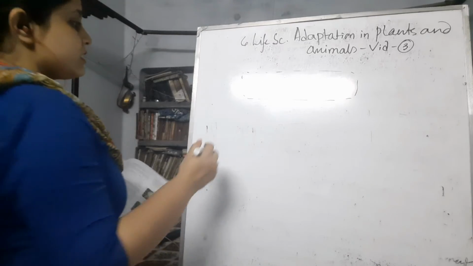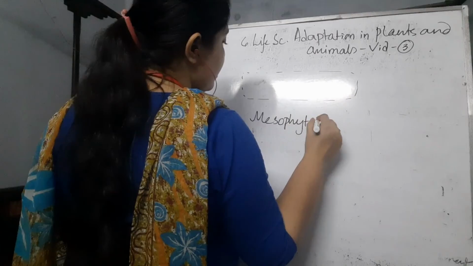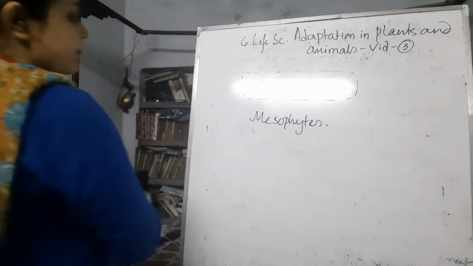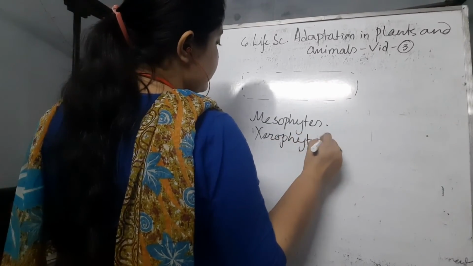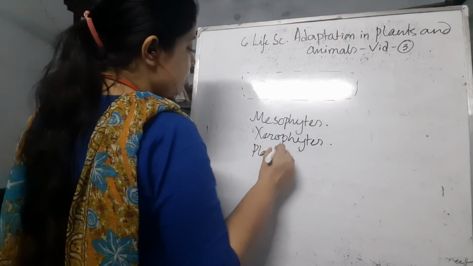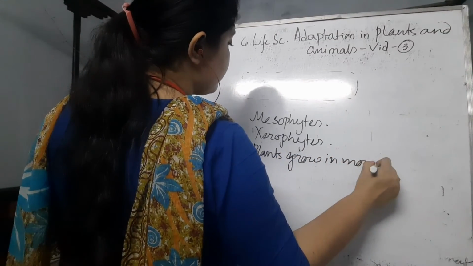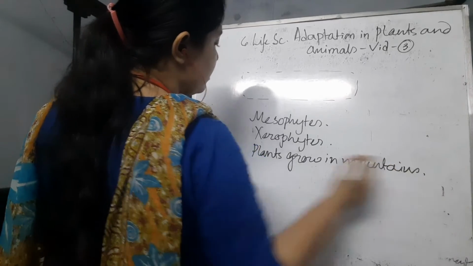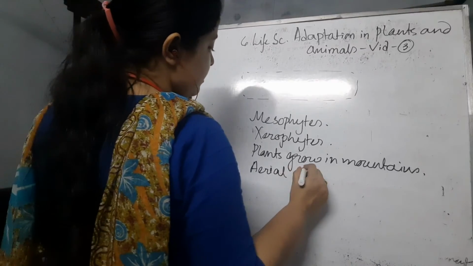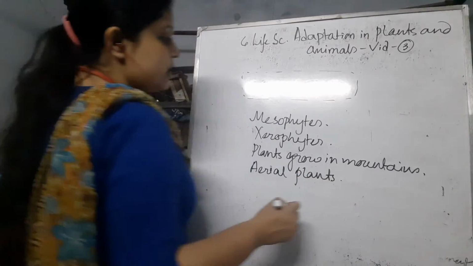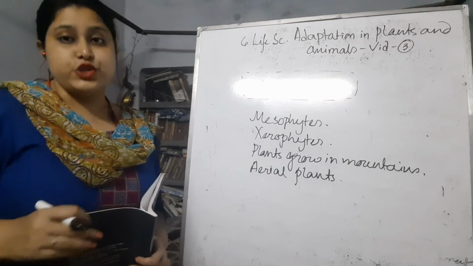In this video we will discuss the mesophytes, then the xerophytes, then the plants that grow in mountains, and the aerial plants. Along with the pictures, we are going to discuss the adaptations of each of them. So let's check.